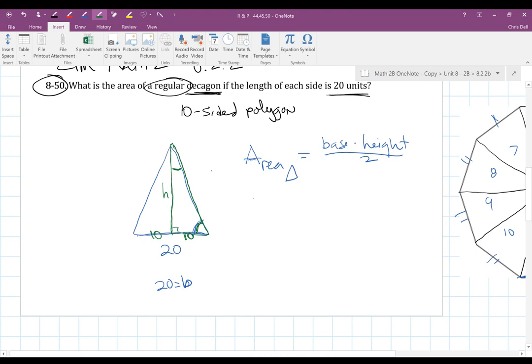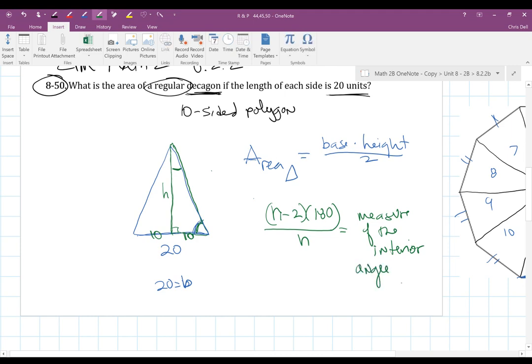Well, with any regular polygon, we use the formula (n minus 2) times 180, divided by n. That equals the measure of the interior angle of a regular polygon. Let me write it so you can read that.